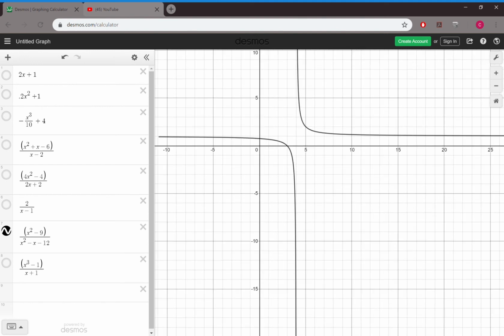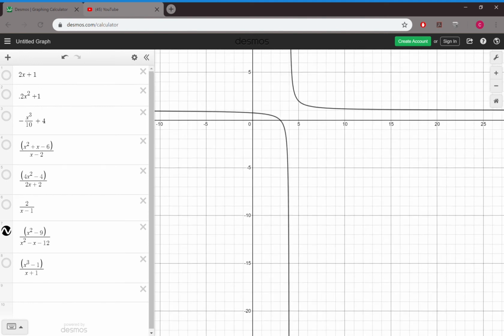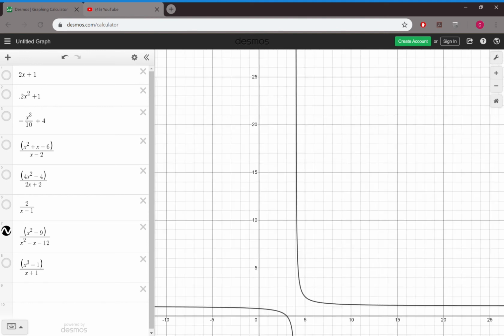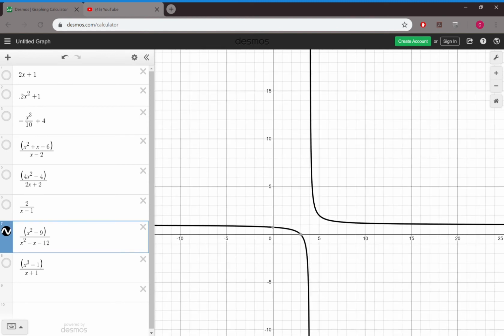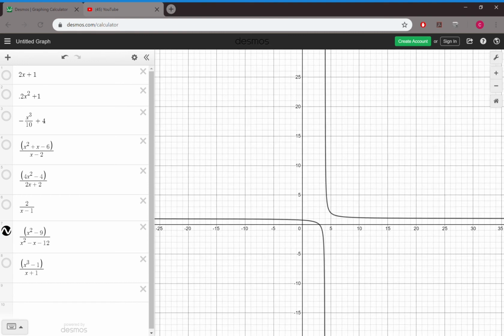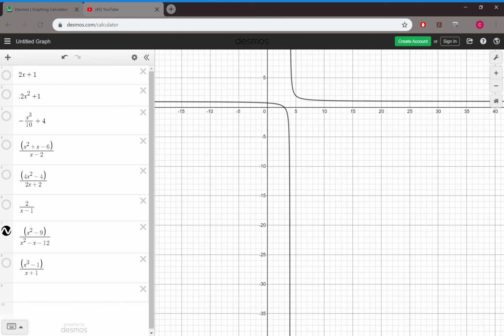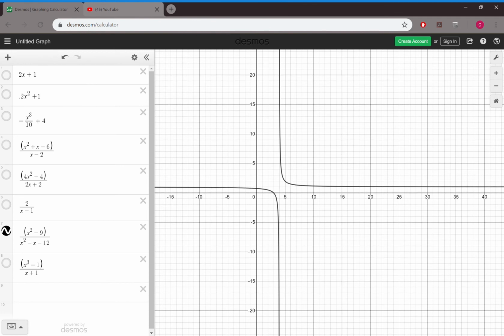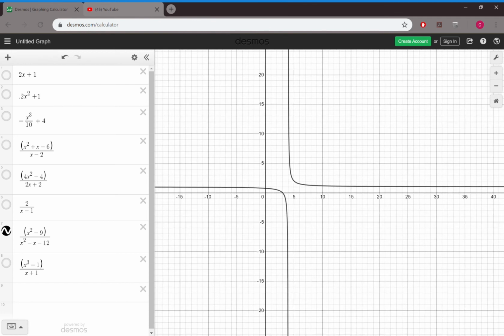Here's x equals 4, and on the right-hand side and the left-hand side, our graph is trying really hard to avoid x equaling 4. They keep stretching out to positive infinity on the right side and negative infinity on the left-hand side.